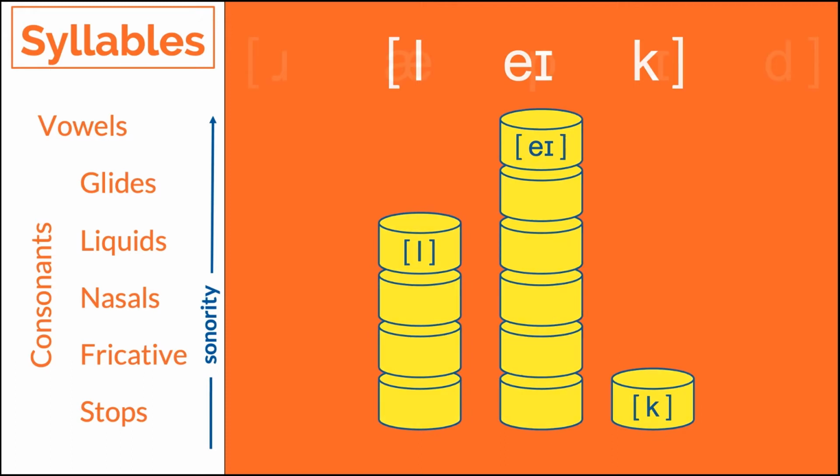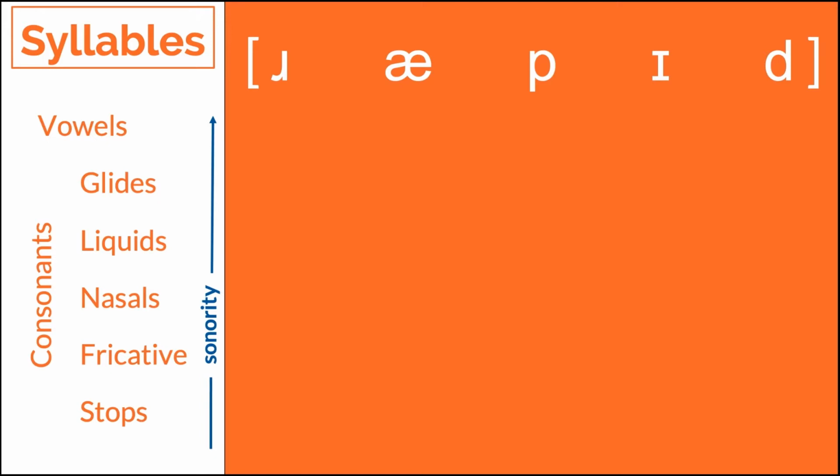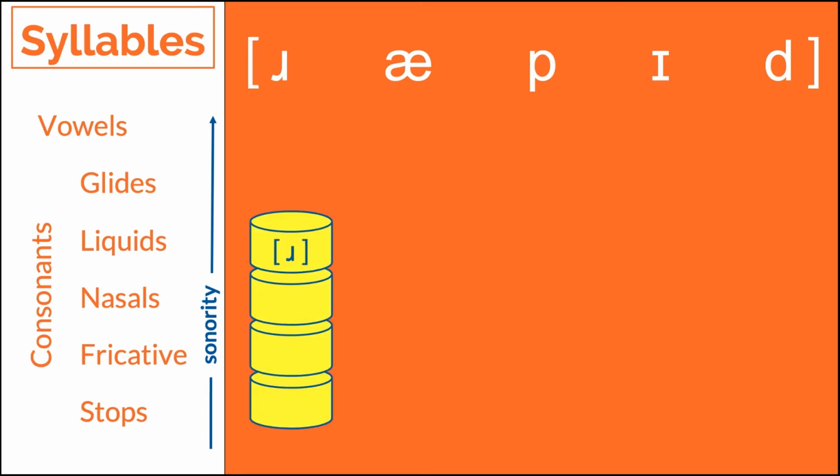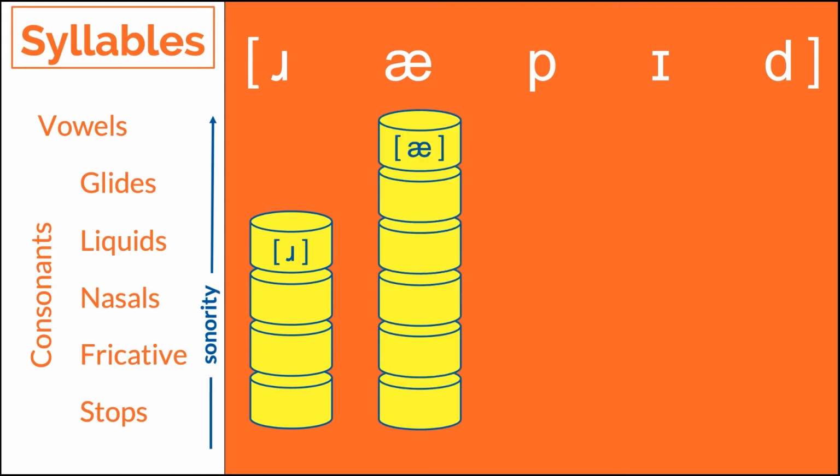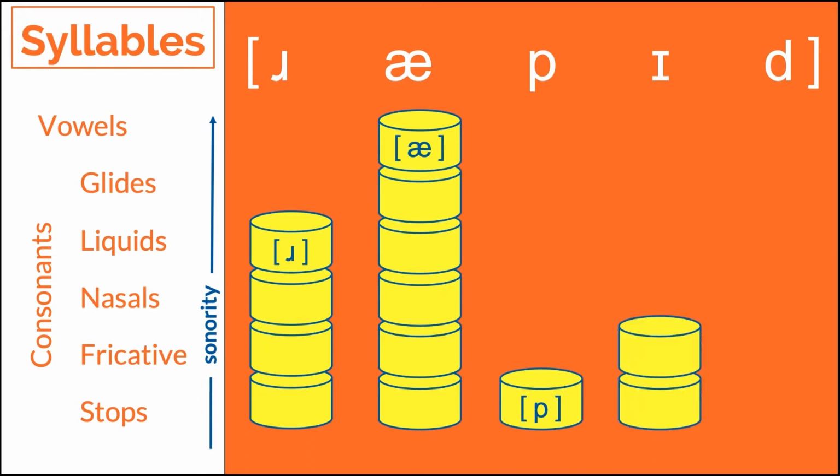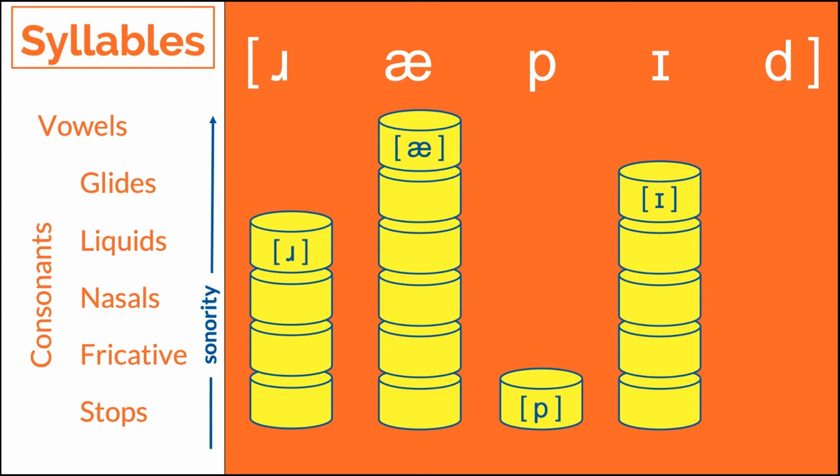That's a single syllable. In a word like rapid, r-a-p-i-d, the r is a liquid, so kind of in the middle of our sonority ranking. The a is a vowel, a low front vowel with a lot of sonority, because it's a very wide airflow path. And then the p is another stop, which has a very low degree of sonority. I is a vowel. I won't go into the details right away, but it actually has a little bit less sonority than a.